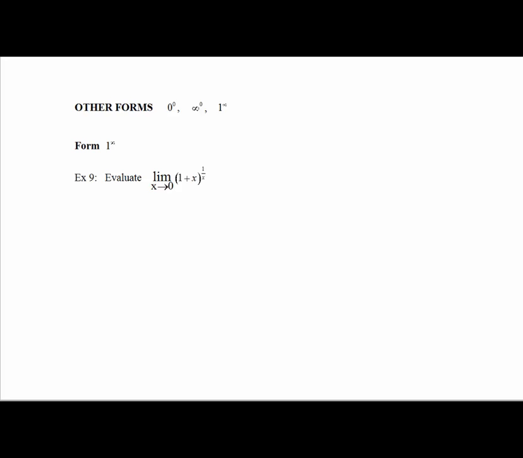So this first one, we're going to evaluate the limit as x approaches 0 from the right of (1 plus x) to the 1 over x. This is in the form of 1 to the infinity.